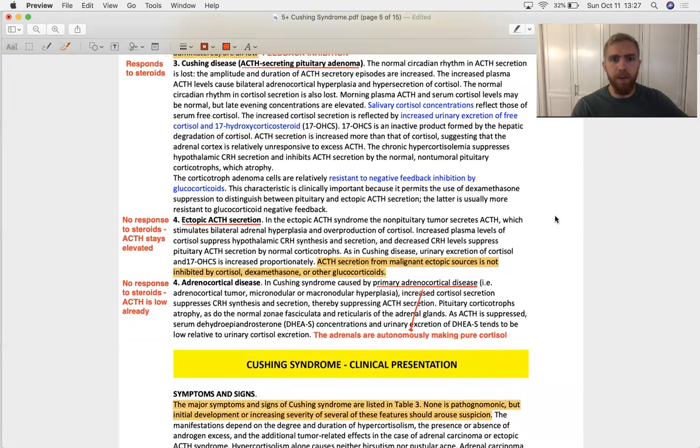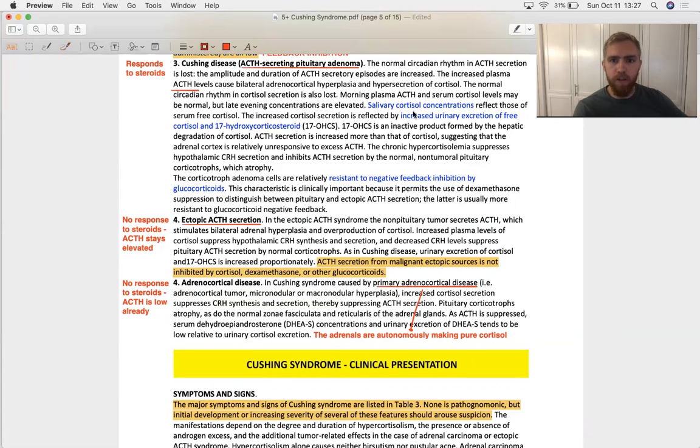Cushing disease means that you have a pituitary cancer that's secreting adrenocorticotropic hormone. So blood cortisol will be high in these patients, as will ACTH.